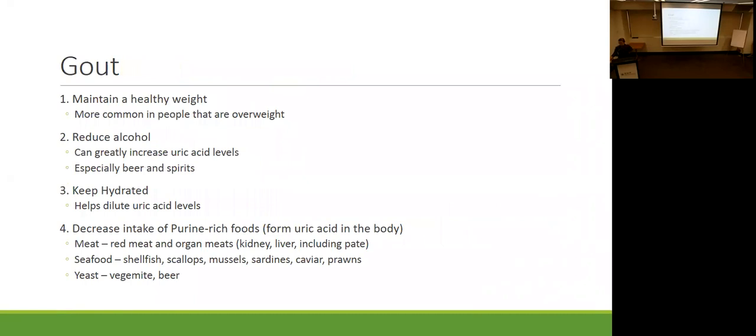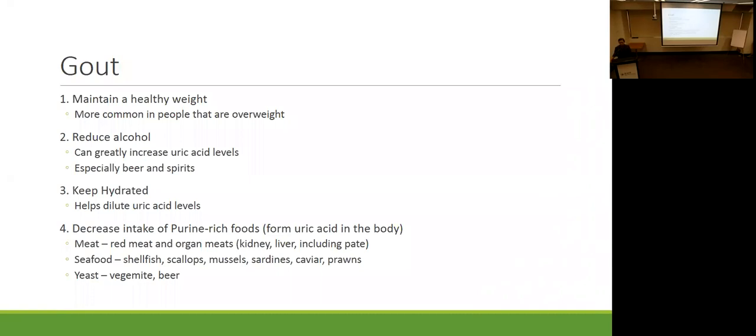So just one slide on gout. Obviously, it's pretty much managed medically, but if patients need some extra advice, being within a healthy weight is actually beneficial, because it's more common in people that are overweight. Getting them to reduce alcohol, particularly if they do drink beer and spirits, because this can greatly increase uric acid.